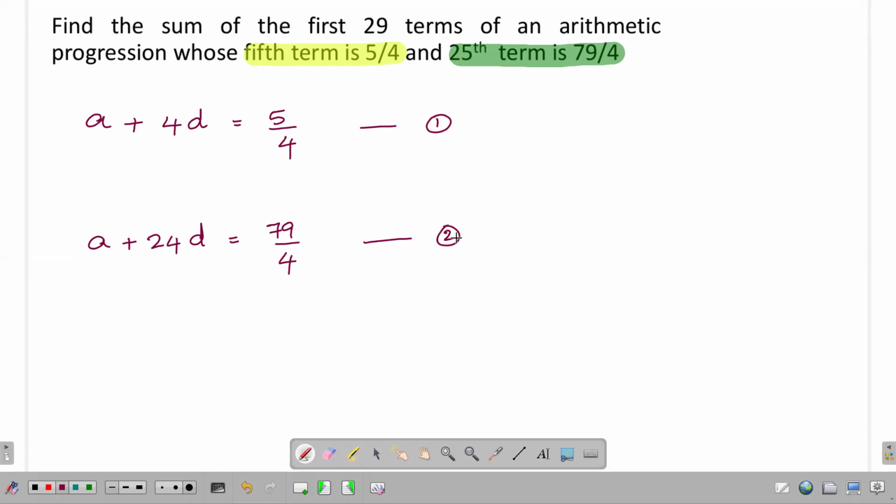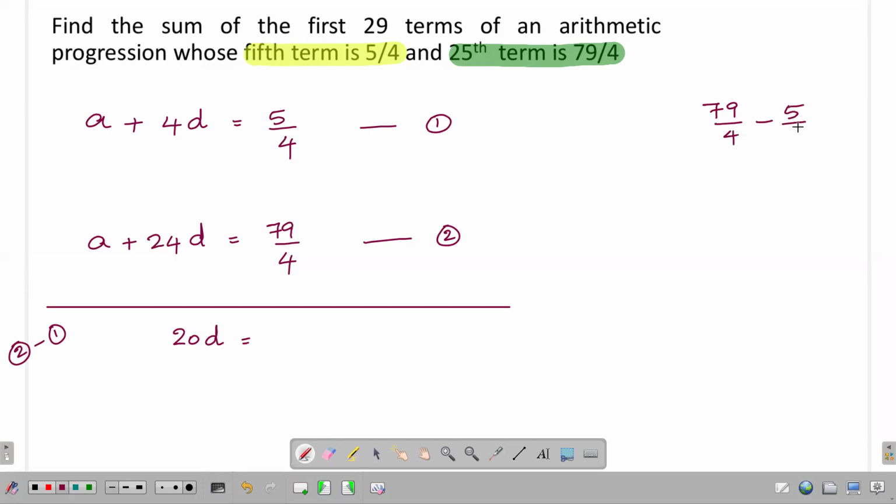Now, we have got two equations here with two unknowns. So we are going to subtract equation 1 from equation 2. When I do 2 minus 1, A and A will get cancelled off. 24D minus 4D, you can see 20 times D is equal to 79 upon 4 minus 5 upon 4, which is equal to 74 upon 4.